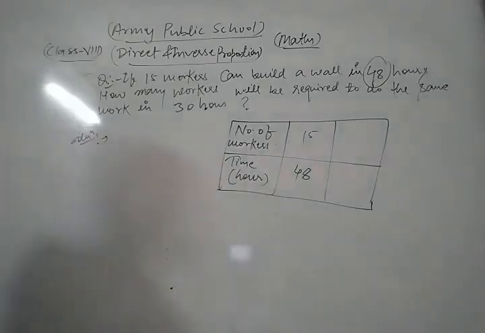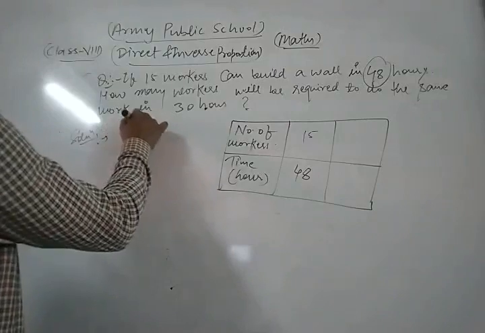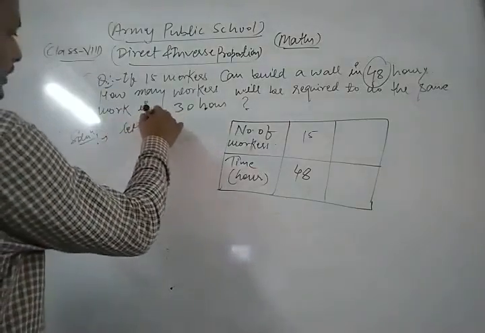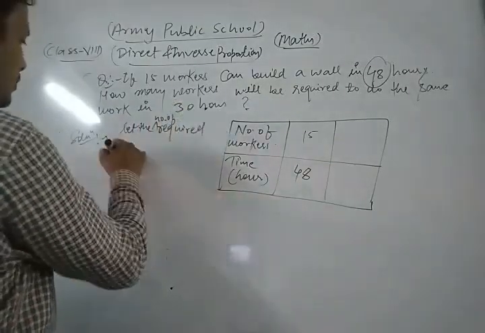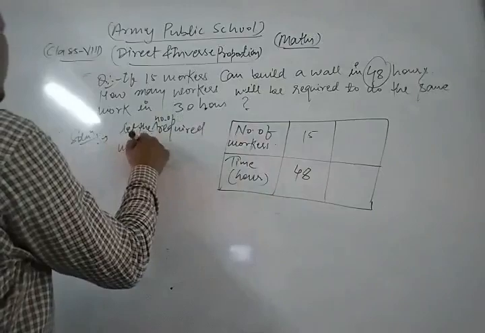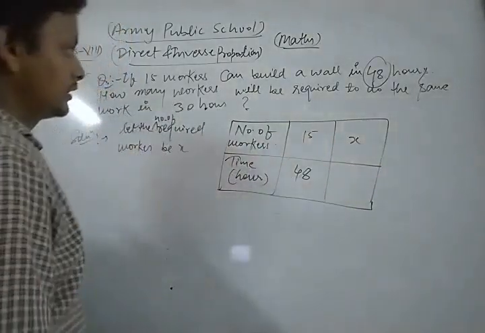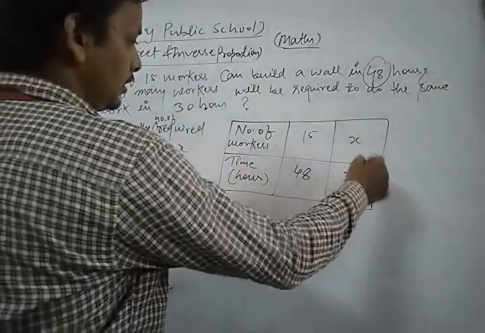Now how many workers? So let the number of required workers be x. Let x workers be required to do the same work in 30 hours.